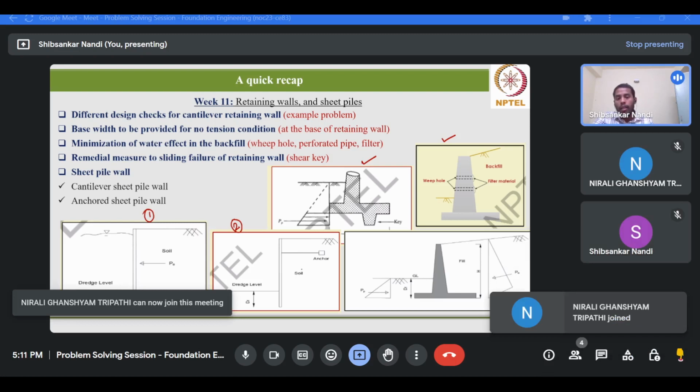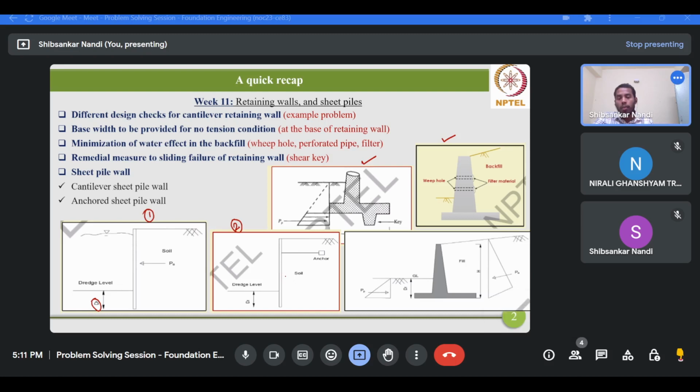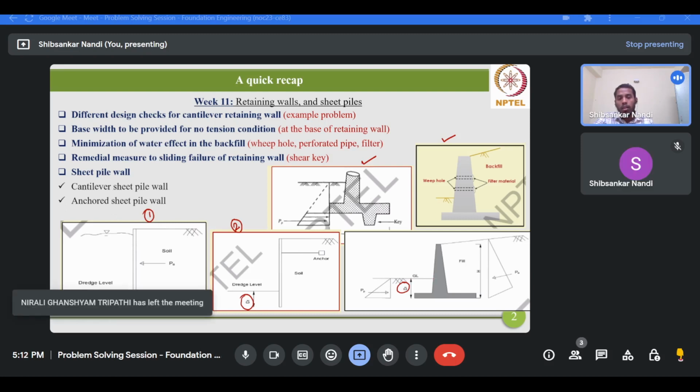Okay, whereas this sheet pile wall is flexible in nature, so it basically derives the resistance from the depth of the wall, D. So therefore, in case of sheet pile wall, this depth of the wall, that is depth of embedment below the dredge level, is very high as compared to the depth of the rigid retaining wall. So this is one major fundamental difference between the retaining wall and sheet pile wall.